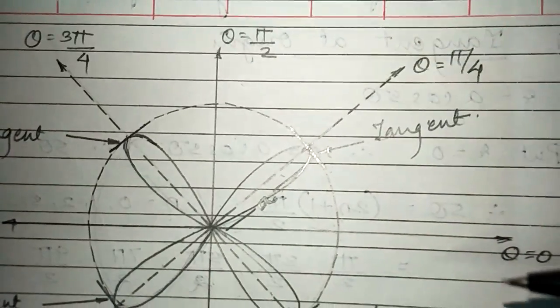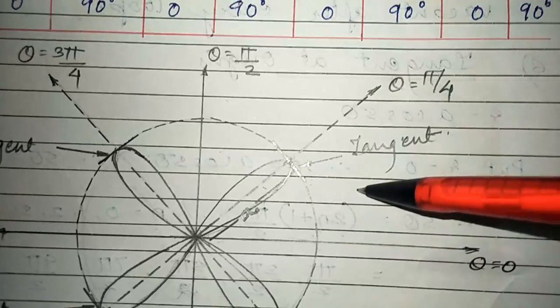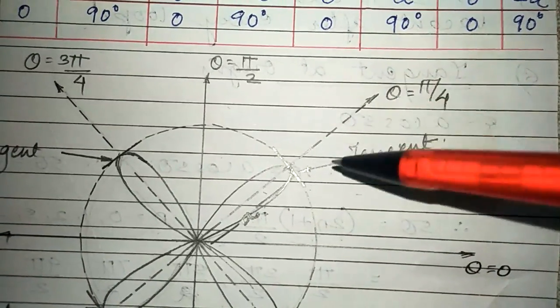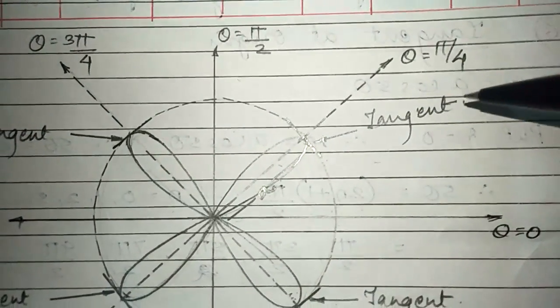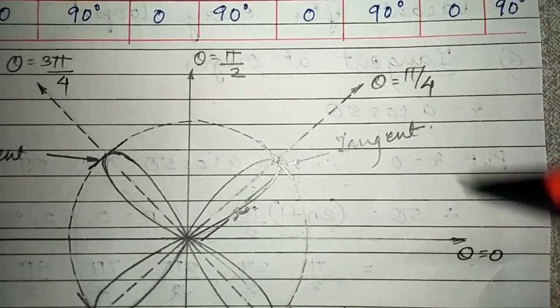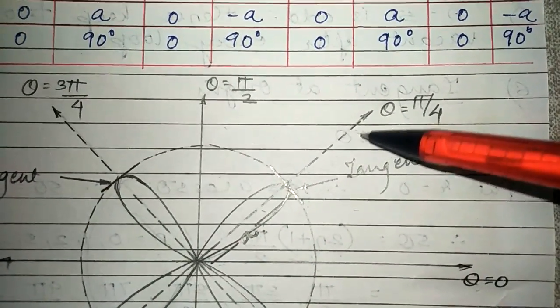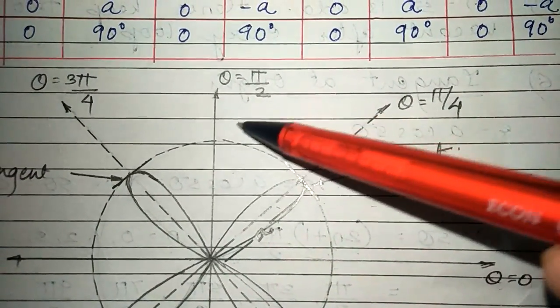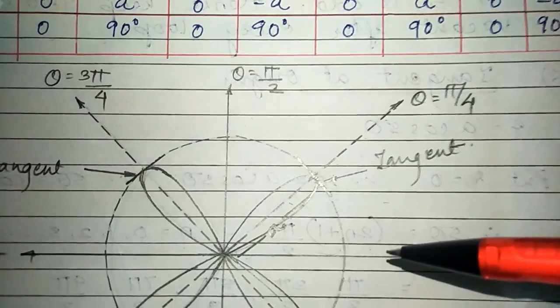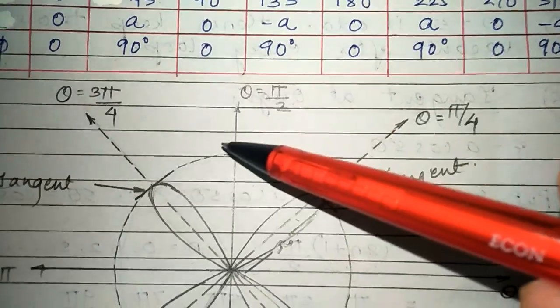We'll divide this into 2 equal parts, so each sector will be of measurement π/4, which is (π/2)/2. So the first sector will range from θ = 0 to θ = π/4. The second one, from θ = π/4 to θ = π/2. Now the next one will be π/2 plus π/4.